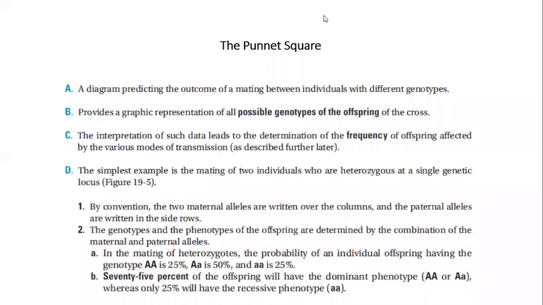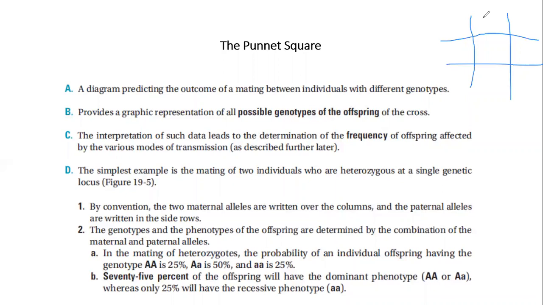So let's do this table here. By convention, the two maternal alleles are written over the columns and the paternal alleles are written in the side rows. The genotypes and phenotypes of the offspring are determined by the combination of the maternal and paternal alleles.